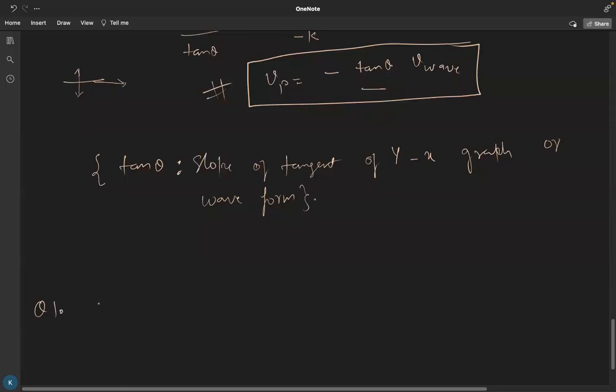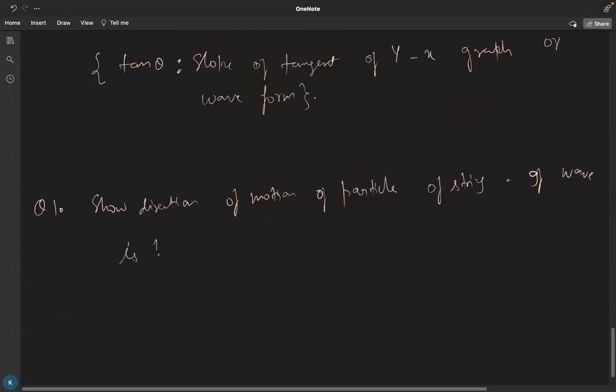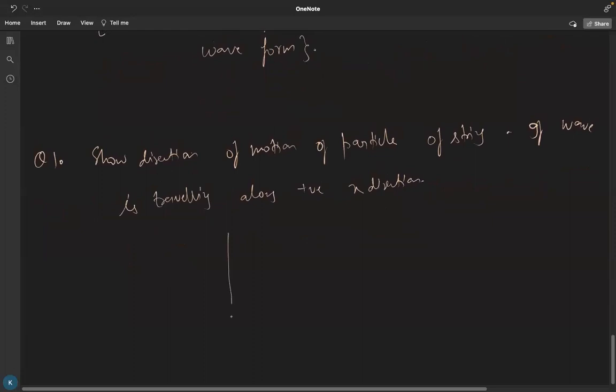Question 1. The direction of motion of particles of a string if the wave is traveling along the positive x direction. So there is a wave, let me draw it here, which is traveling along the positive x direction.